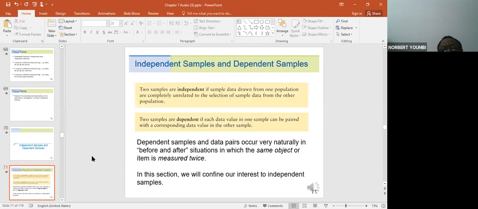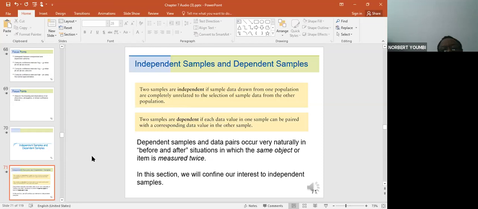So we are going to be talking about dependent and independent sample. For this chapter, we are not going to discuss dependent sample. We are going to be discussing independent sample. Samples are called dependent if their values can be paired, like in a before and after situation.